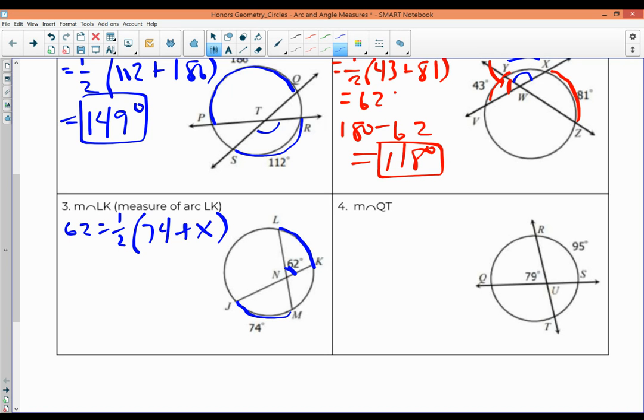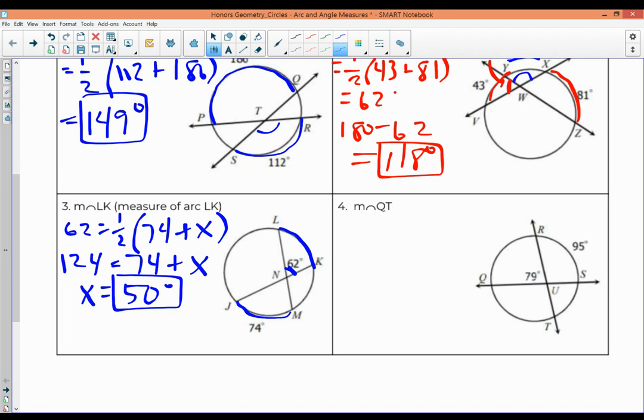Rather than distributing the 1/2 to both terms, I'm just going to multiply the 2 to the other side. So I'm going to have 124 equals 74 plus x. So I just multiplied that 2 to the other side, inverse operations. Subtract 74 on both sides, and then I get x equals 50 degrees.